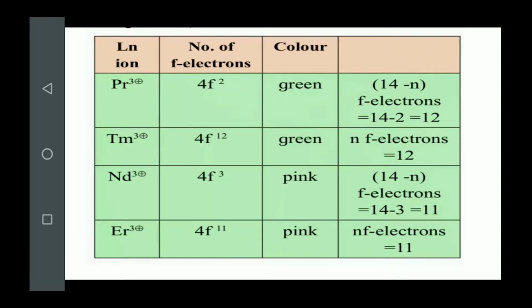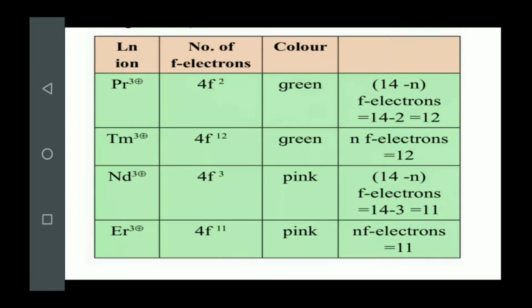Again the color is green. You compare the example of promethium and thulium, where the values of n and 14 minus n are different, but the color of the compound is the same. In the same way, neodymium and erbium also exhibit the same behavior. In case of neodymium plus 3, the value of n is 3, and the color of the neodymium plus 3 compound is pink. In case of erbium, we have n equal to 11 and the color of the compound is pink.